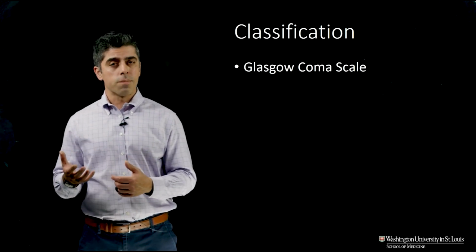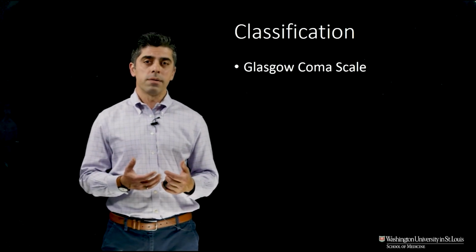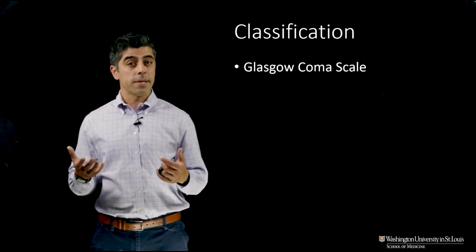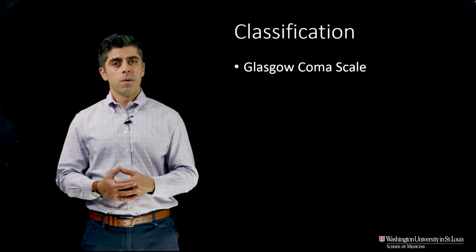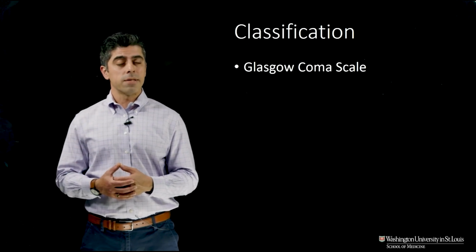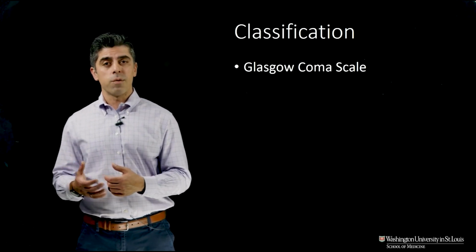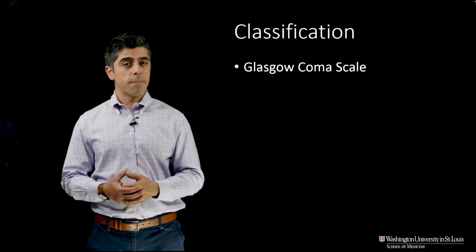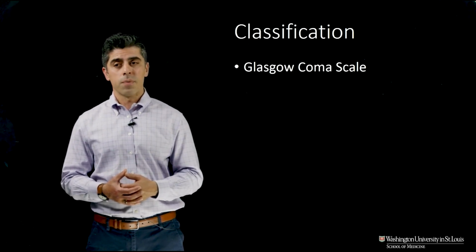Even a more nuanced point, and sometimes a more difficult point to determine, is what the difference between withdrawal and flexion is, because sometimes they can look the same. What I'm always looking for is complex movements out of a single plane that may be suggestive of withdrawal versus repetitive movements in a single plane that may be more reflective of flexion.